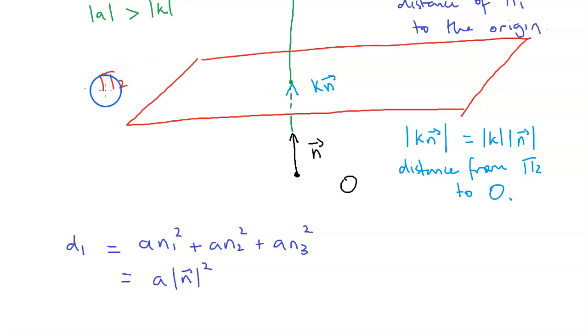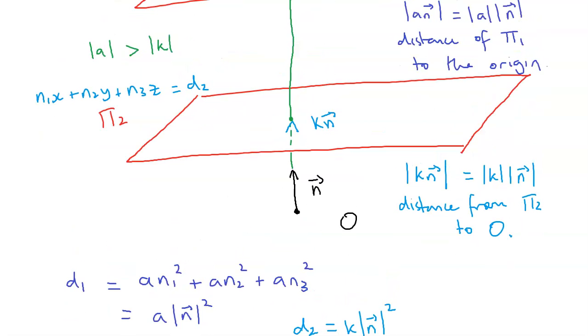And similarly, since pi 2 has the equation n1x plus n2y plus n3z is equal to d2, we can get that d2 is equal to k times the length of n squared.